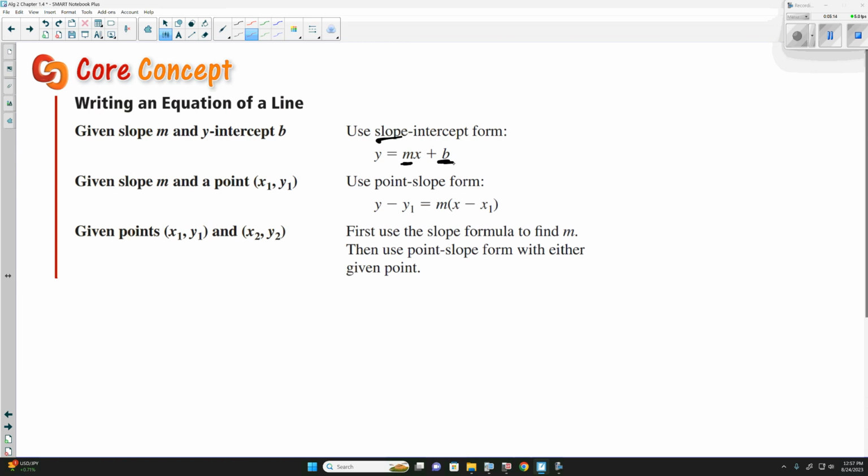Slope-intercept is our y equals mx plus b. And our point-slope is our y minus y1 equals m times x minus x1. And the other important formula to know is our slope.